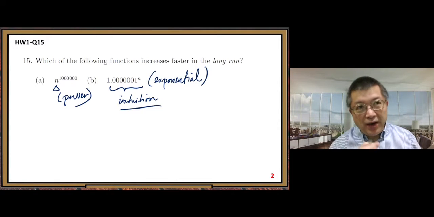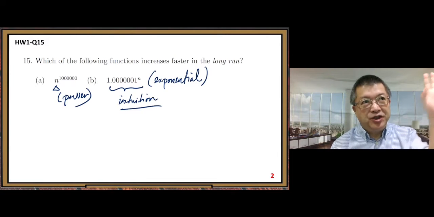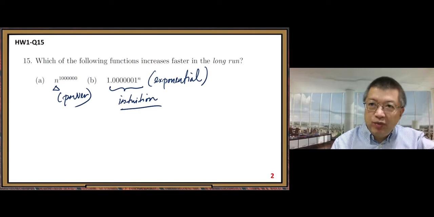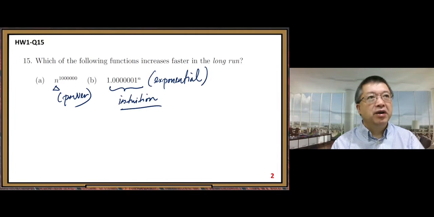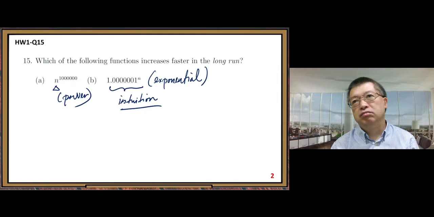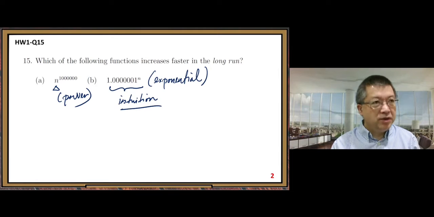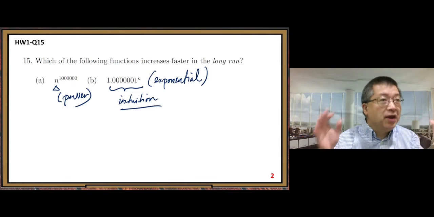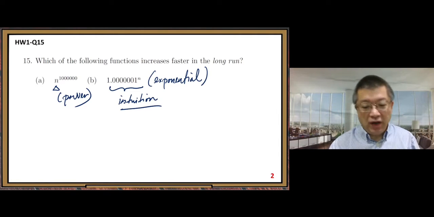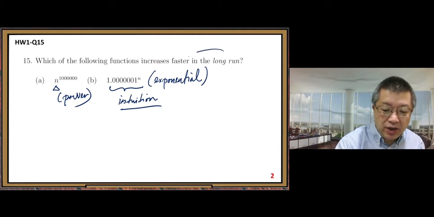But here, as with the previous problem, if any of you try to use calculators to plug in some n numbers, you will get the same problem. Do not do experiments on this one. The reason is still the overflow problem, because only when n is very large does the comparison hold, and I gave you this in the long run.